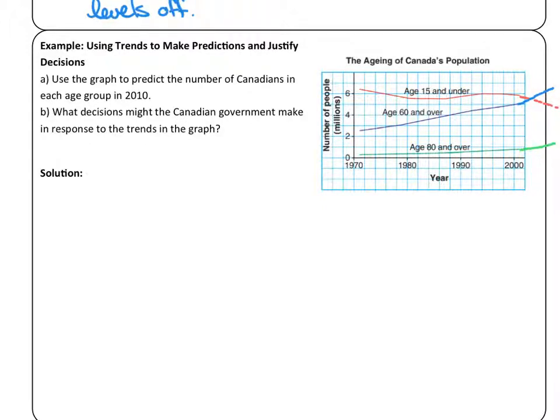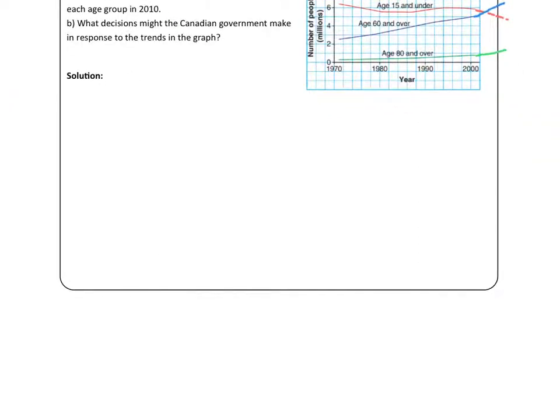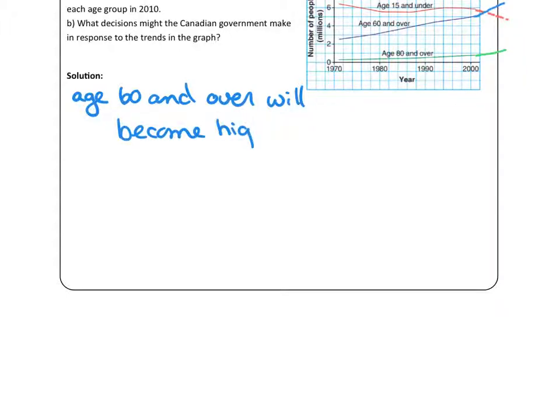So what you're going to notice is that age 60 and over will become higher than age 15 and under.